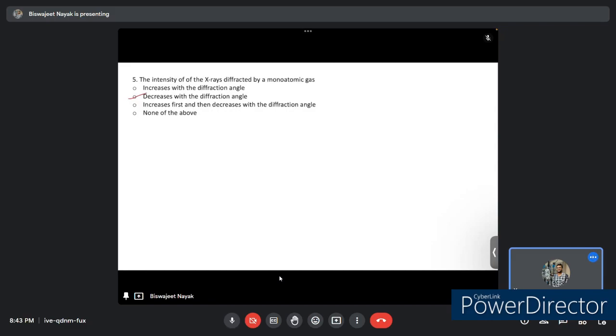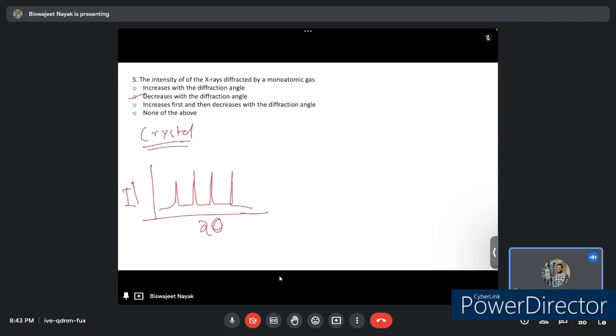So in X-ray diffraction, for crystals we get different peaks at different diffraction angles, a particular peak at a particular value of 2 theta and zero for others.